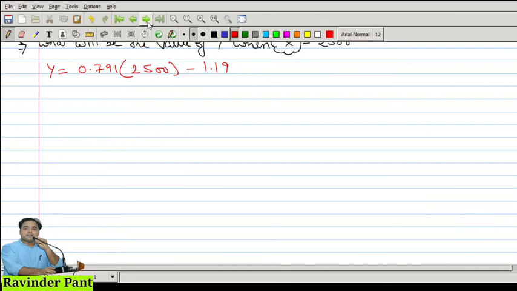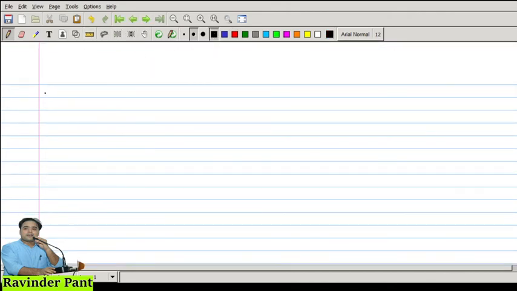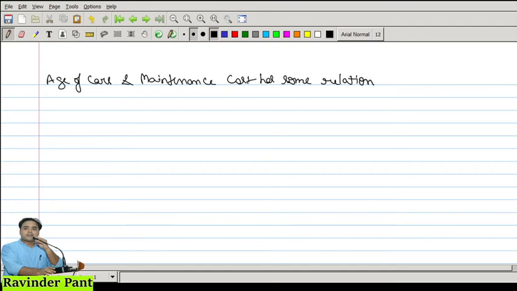Another question. Now this question says that age of car and their maintenance cost has some relationship. And this relationship is given here.